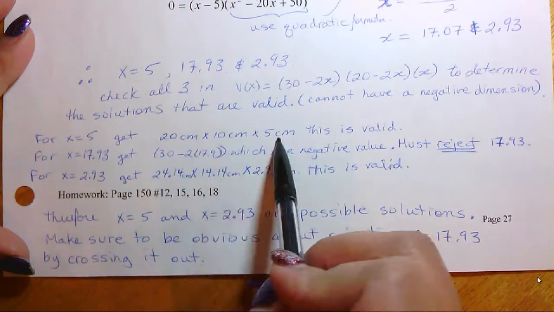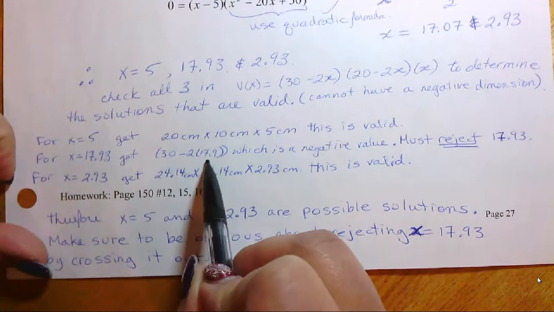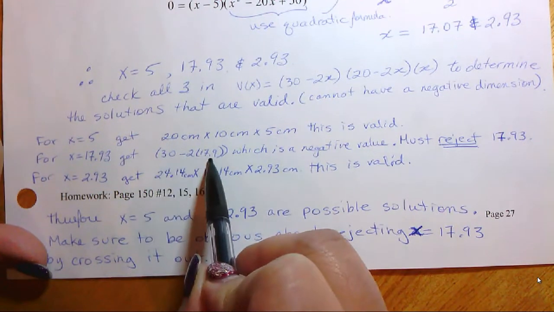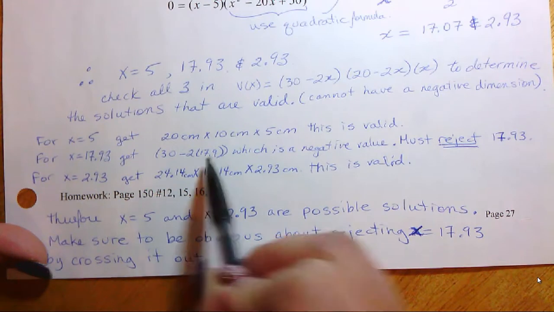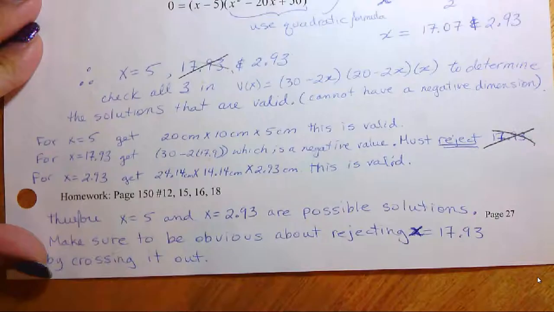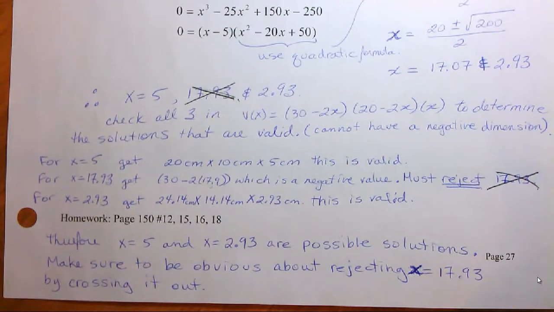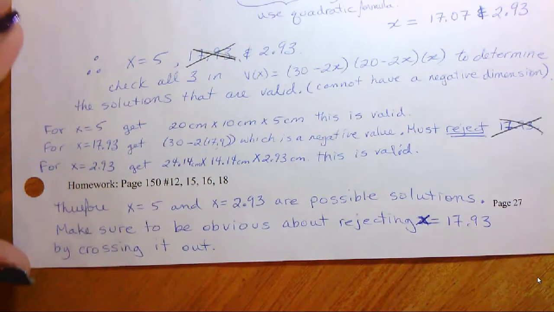I get numbers that give me a positive volume. This one here gives a negative value for one of the dimensions. So we need to reject this. Go back up here and cross it out, so it shows that it isn't a valid solution.